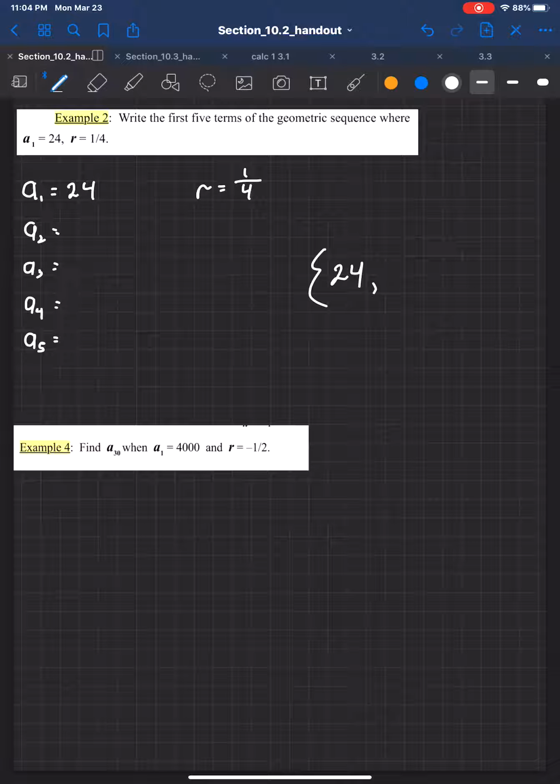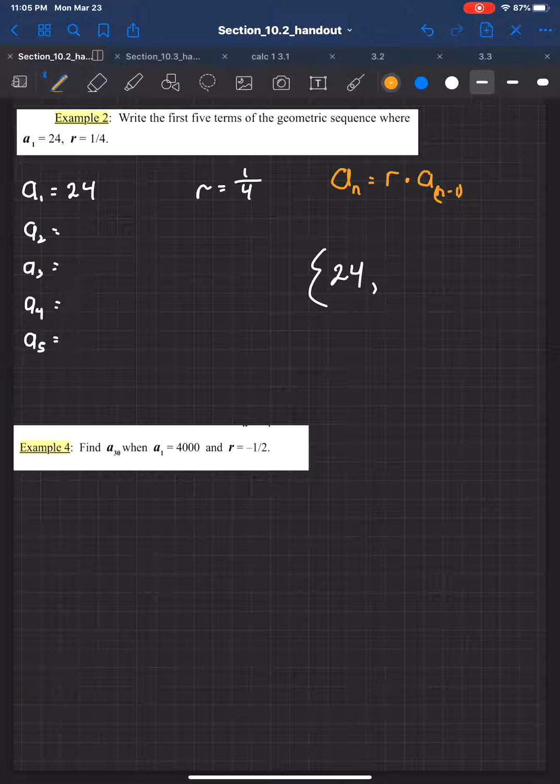Okay, so the recursion formula that was written on the previous page looks like this. a sub n is going to be equal to the common ratio multiplied by a sub n minus 1. Okay, this is nothing that you haven't already seen. I mean, all you're going to do is take the previous term and multiply it by r.